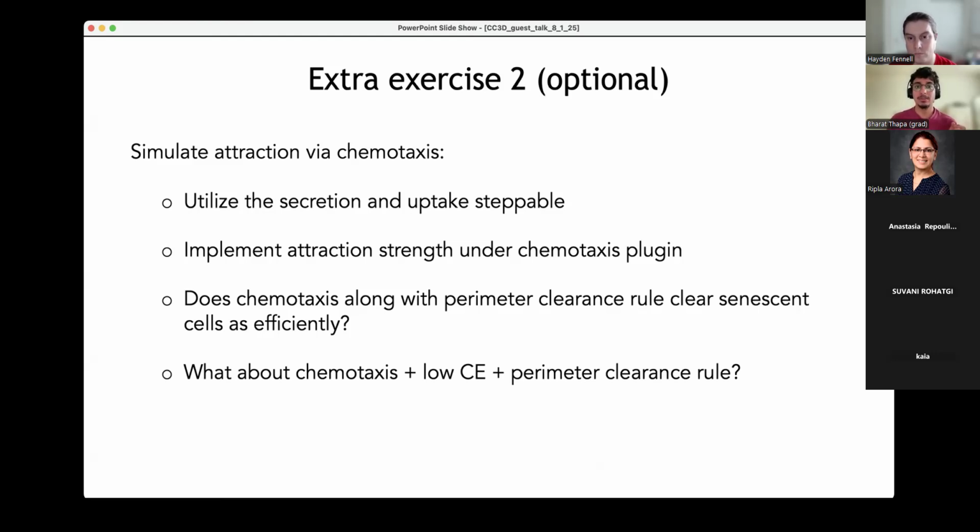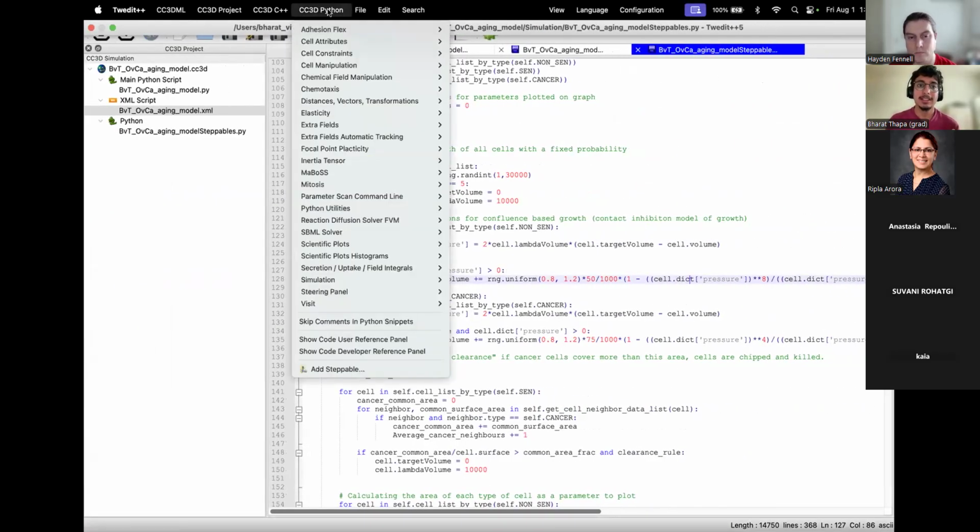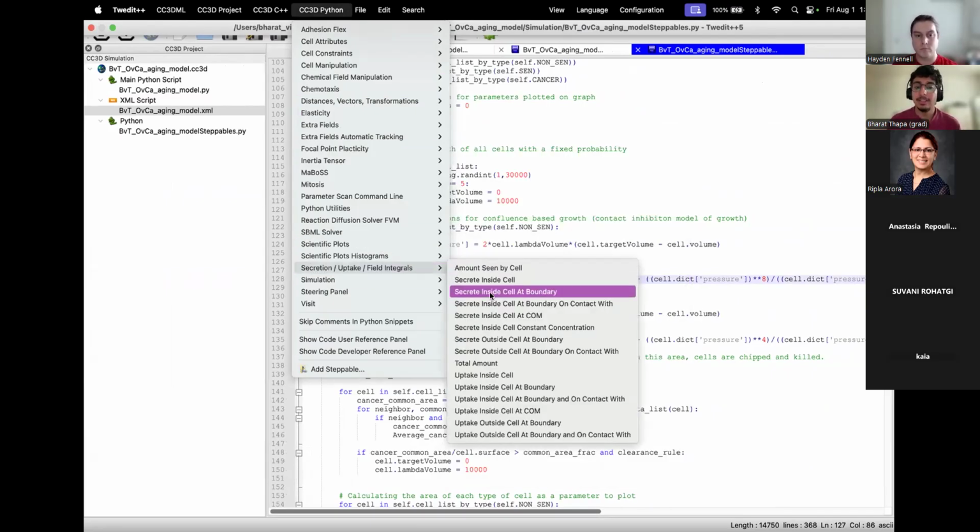If I go to Tweedit, you can go to the CC3D Python and go to the secretion and uptake. And you can make a cell secrete outside the cell at boundary, let's say. You click on that, you get a code, you employ that in the secretion and uptake and make those cells senescent, and then make cancer cells take it up, maybe uptake inside cell at boundary.